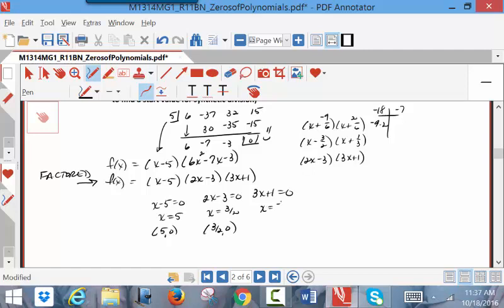And then you're going to get x equaling a negative 1/3 for my third actual zero. So these are the actual zeros, the actual x-intercepts of this given function. So you have it factored and you have all x-intercepts.